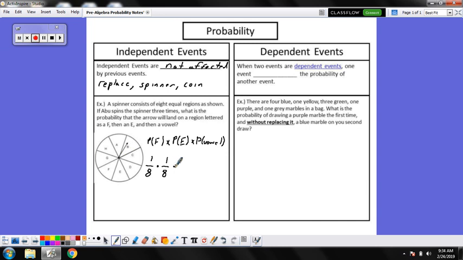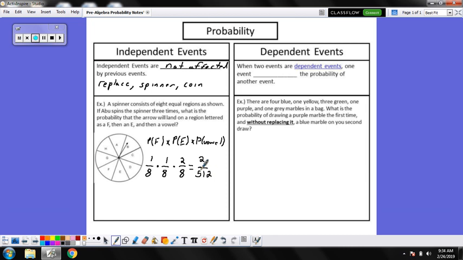Then vowels are A, E, I, O, and U. So we have A and E, so that's 2 out of 8, since there are 2 vowels. Then we just multiply. 1 times 1 times 2 gives us 2. 8 times 8 times 8 gives us 512.